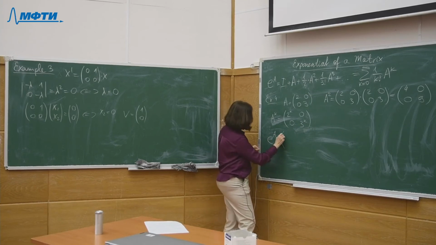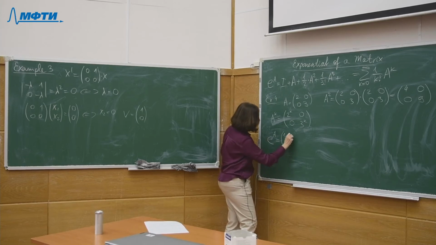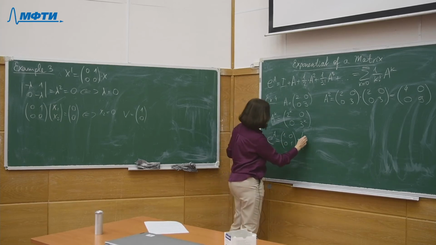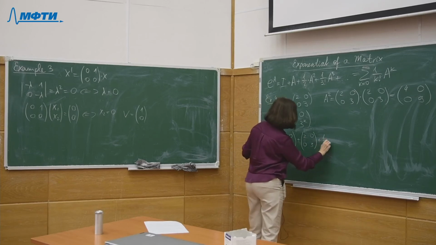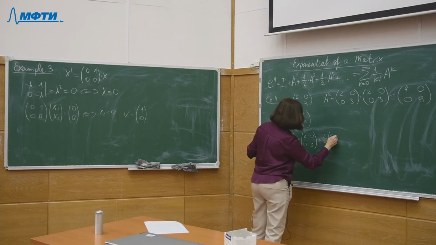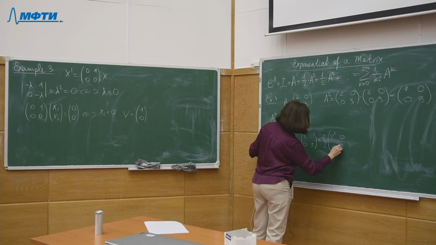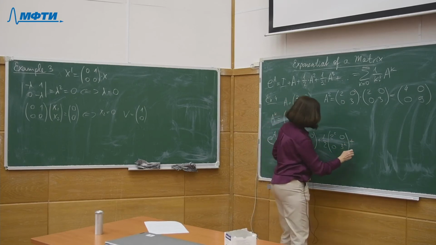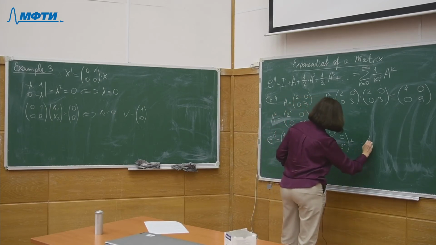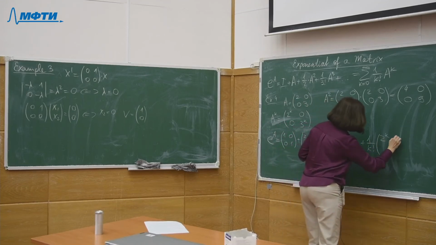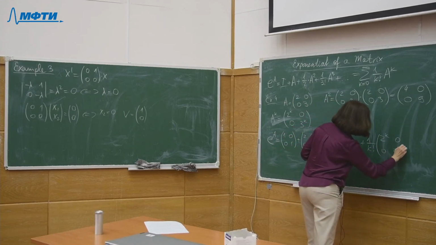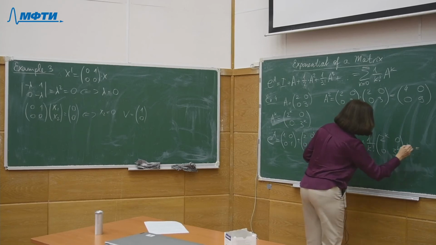Identity matrix first, 1, 0, 0, 1, plus A, which is 2, 0, 0, 3, plus 1 half of 2 squared, 0, 0, 3 squared, plus 1 over k factorial of 2 to the power k, 0, 0, 3 to the power k, plus and so on.